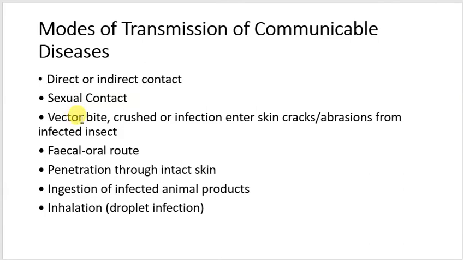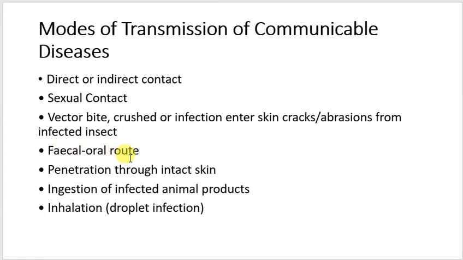Here you have an animal which is infected by an organism, and then a person is bitten by the vector. Let's say it is a mosquito, and then those bacteria, protozoa, or virus ingested by the vector are transmitted to another person while the vector feeds on that person.